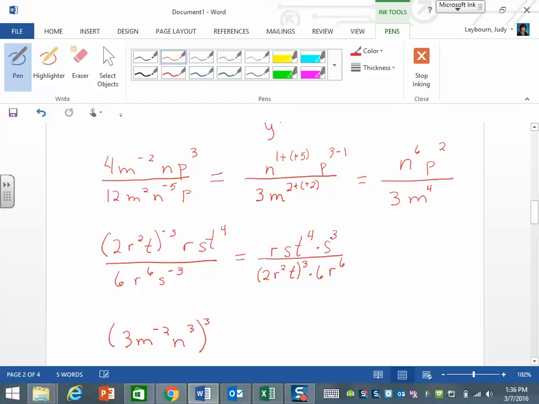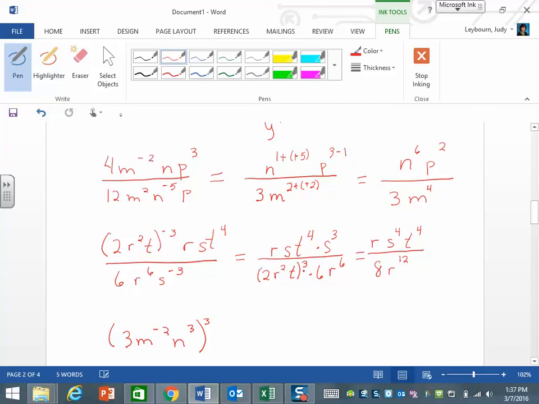And then I could multiply my like terms, and I'd have r s to the fourth t to the fourth divided by 2 to the third, which would be 8. R squared raised to the third is r to the sixth. And then when I multiply by this r to the sixth, I'd have r to the 12th.